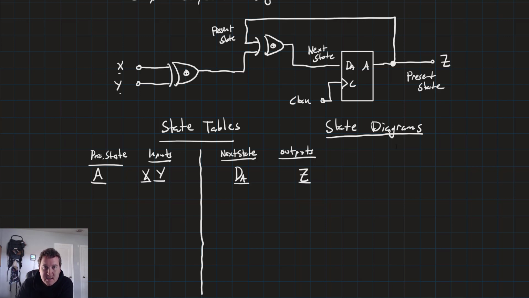Now we can look at this logic diagram and see that we've got some simple expressions for Z and for D sub A. Z is just equal to A because they're tied together, and the next state, D sub A, is just the XOR of all of these: A XOR X XOR Y. So let's use that to build our table.